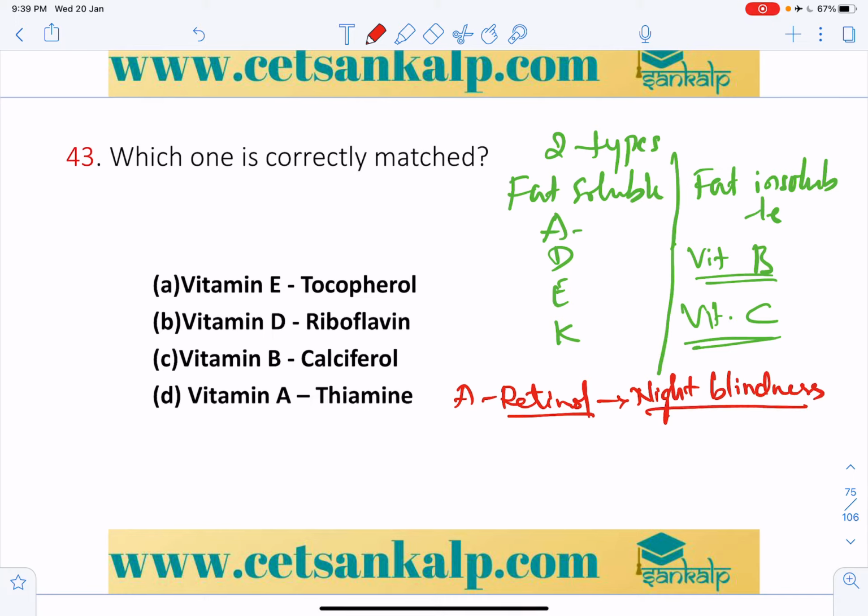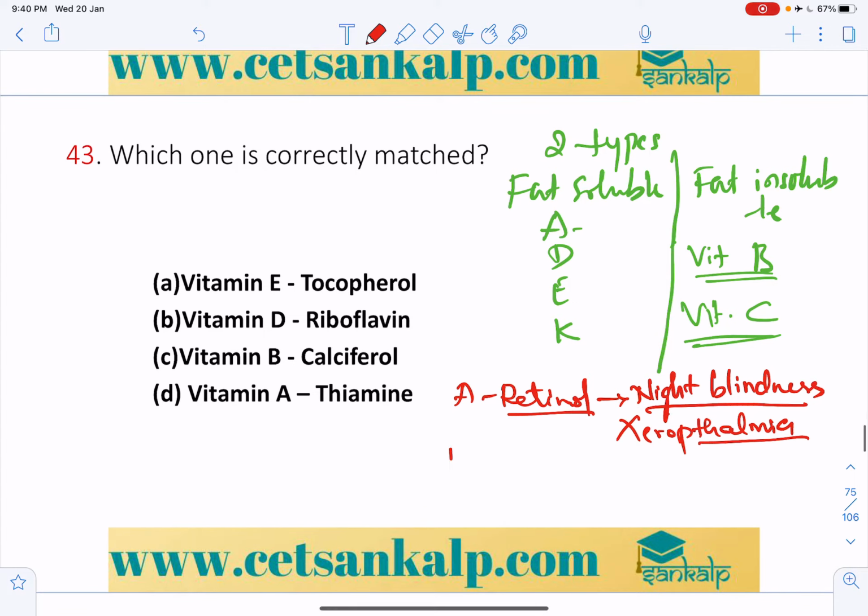Xerophthalmia means inflammation of the eye: when retinol production is scarce, or the supply is less, it leads to inflammation and drying of the eyeball, which is called xerophthalmia.